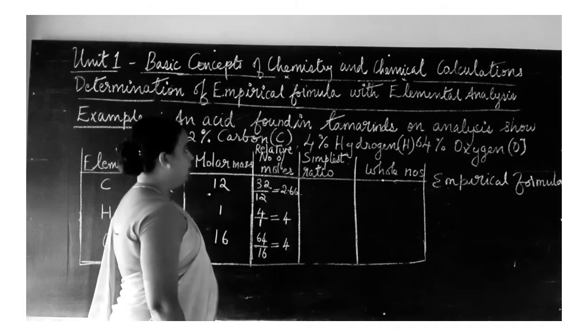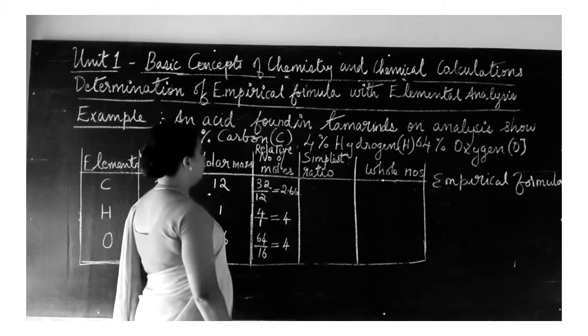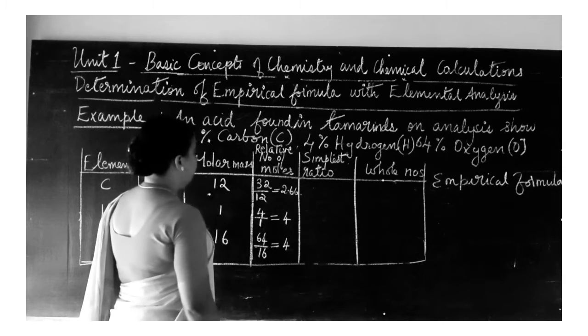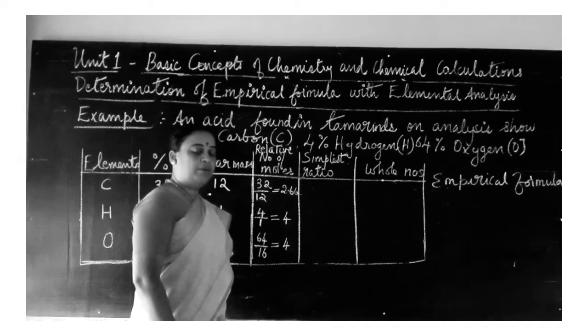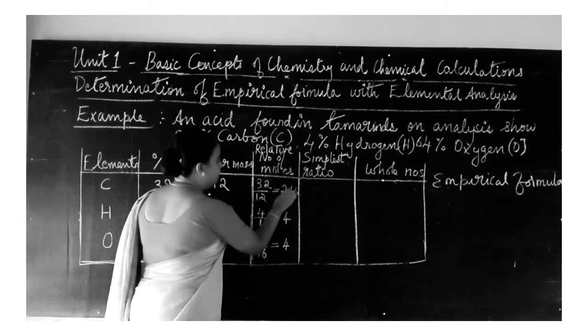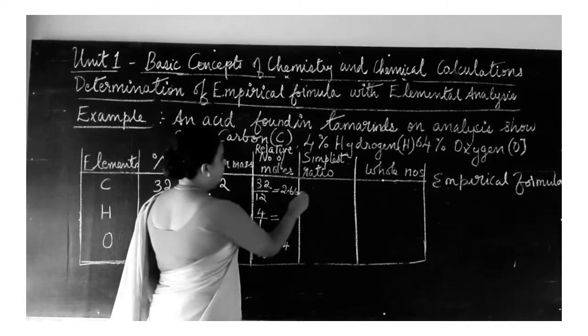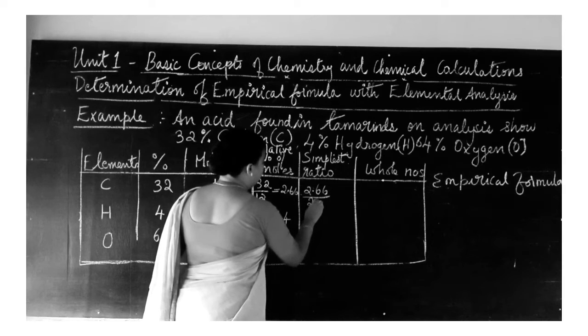Now let us write the simplest ratio. How do we get the simplest ratio? You divide the relative number of moles throughout by a common number. Here we take the common number as 2.66. For carbon, I divide 2.66 by 2.66.